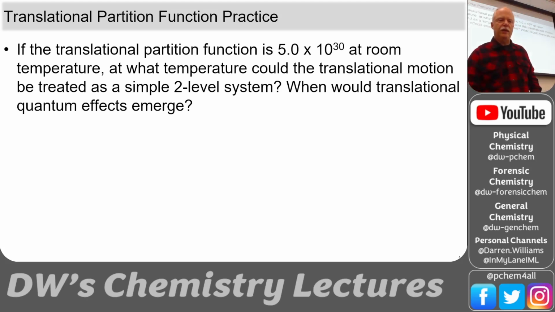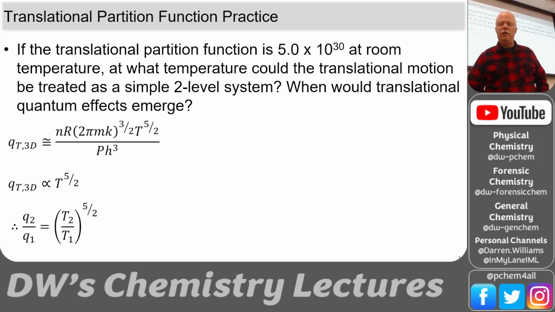We've got temperature 1, that's room temperature. Q1 is 5 times 10 to the 30. Q2, we want to know when quantum effects emerge. If we treat it like a two-level system, when does Q become 2? So we could use 2 for Q2 and then solve for our temperature.